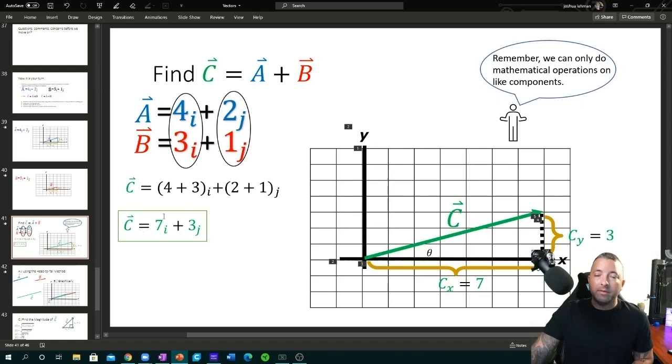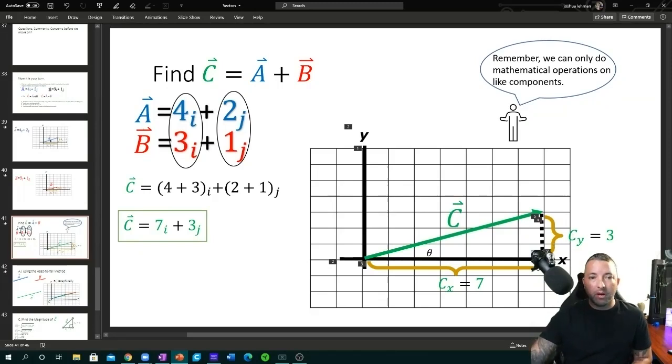And we get our resultant vector C as 7i plus 3j. And now we can graph this thing and we can see what it looks like. So we see that it goes 7 in the x direction, or i direction, and 3 in the y direction, whichever notation.